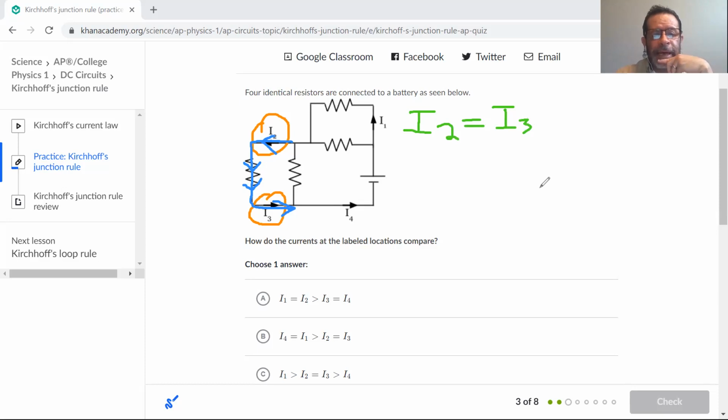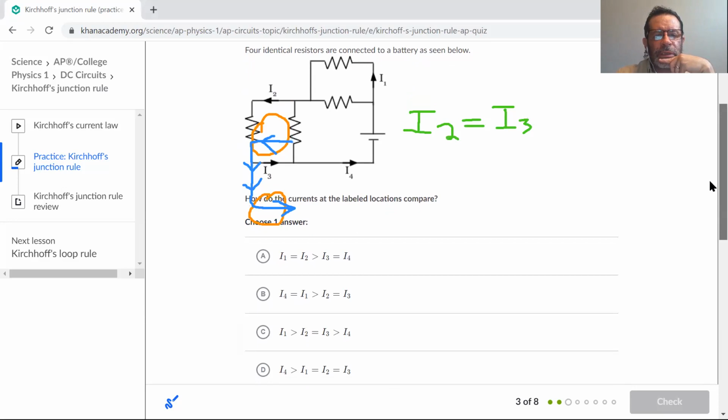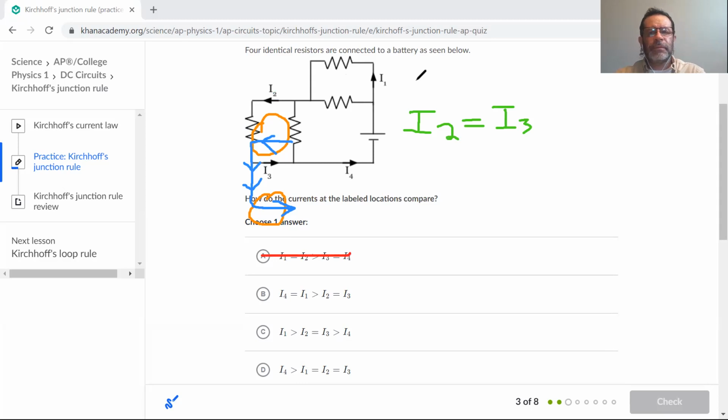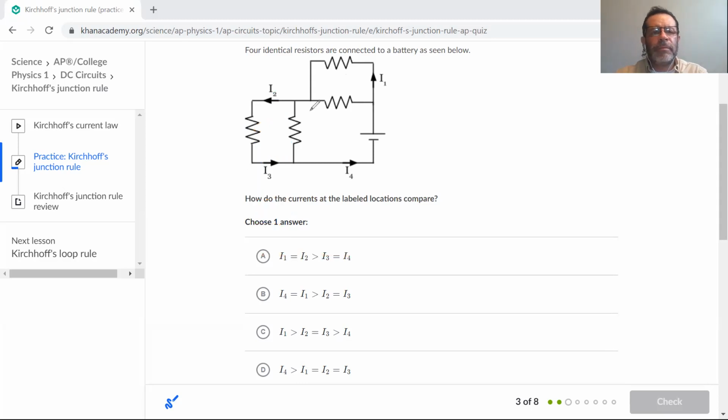Now that means, which one can we eliminate from these options? We've got 4 options. Which one could we eliminate by default? We could eliminate A. We know it's not going to be A, because I2 is going to be the same as I3.